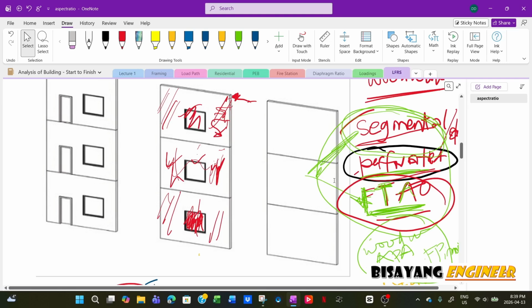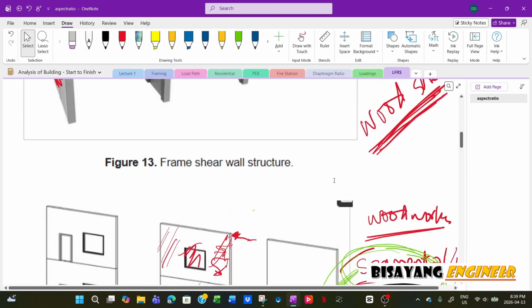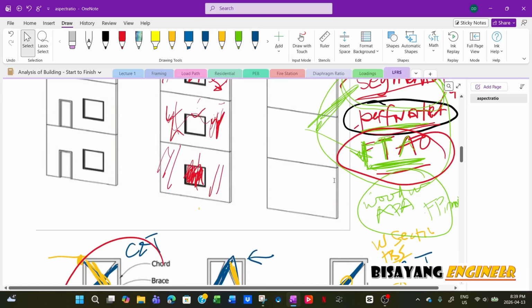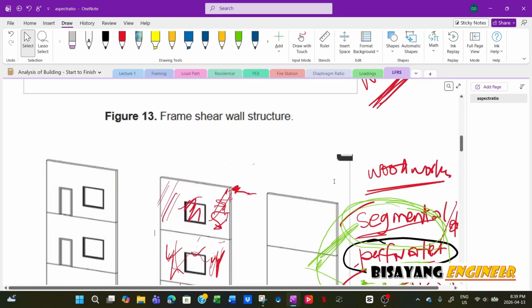Like I said, it is not so complicated, but it will really give you headaches. And so yeah, what else?